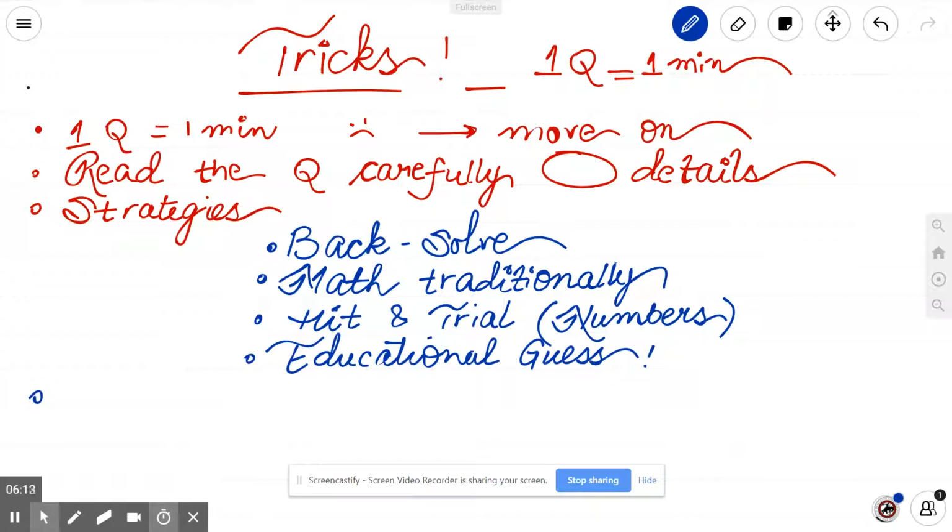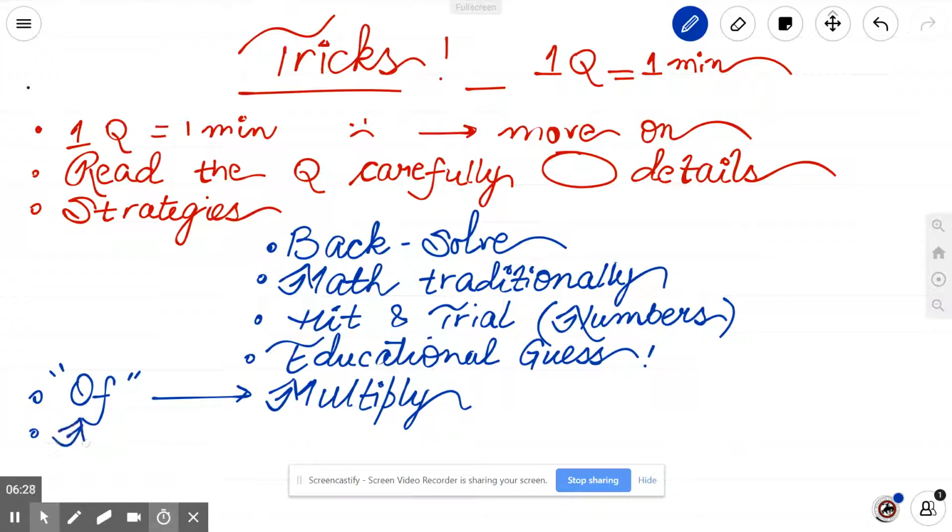Another thing to remember is that the word of in your ACT test means multiply. Another important thing is please memorize your formulas ahead of time.